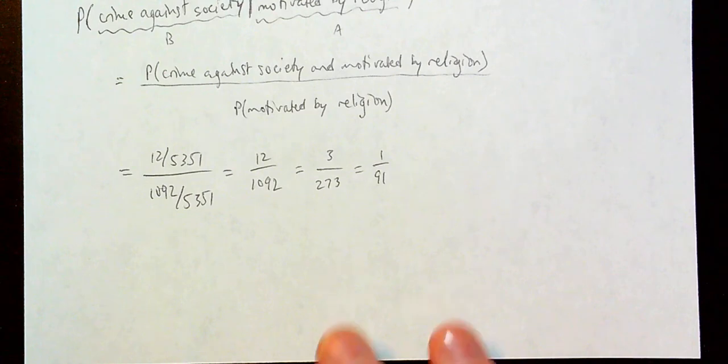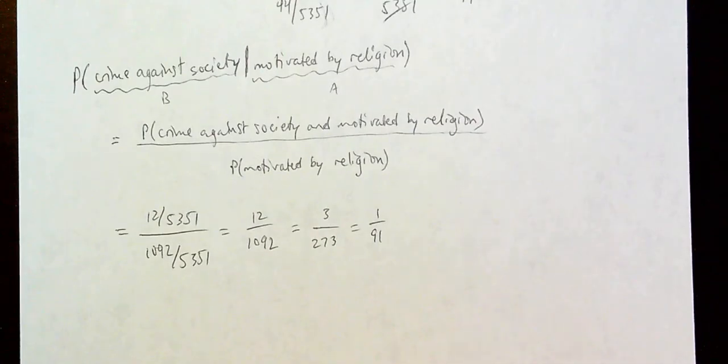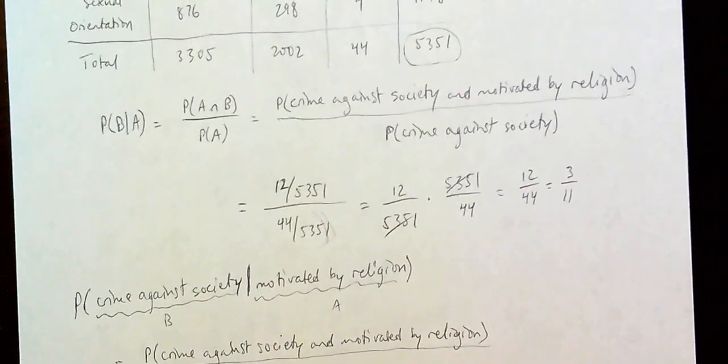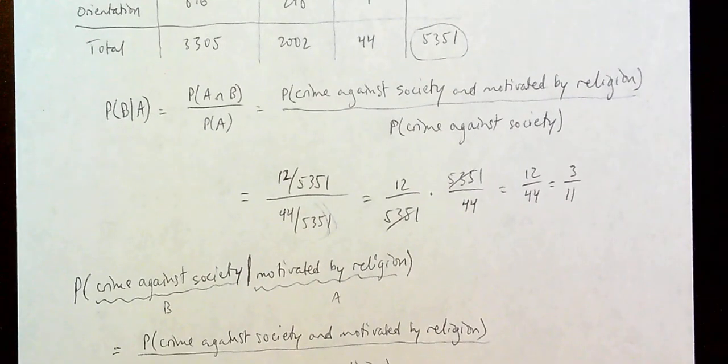So the probability that we had a crime against society, given that it was motivated by religion, is a different probability than the probability that we had a crime motivated by religion, given that it was a crime against society.